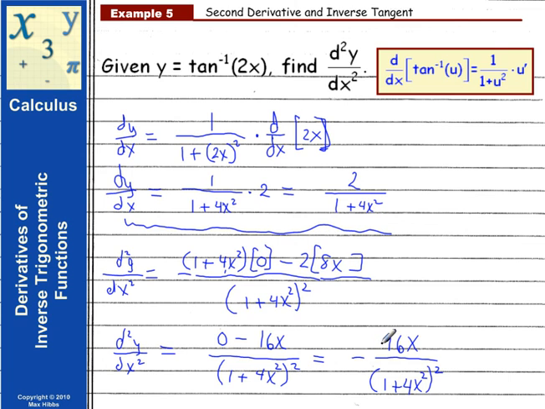We could have written the numerator as negative 16x, but it's more common to put that negative in front of the fraction, which is what I've done here. So we have our final result. This is the second derivative of that function above. Y equal inverse tangent of 2x.